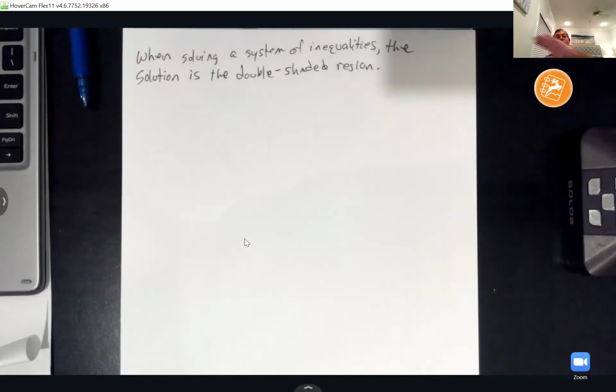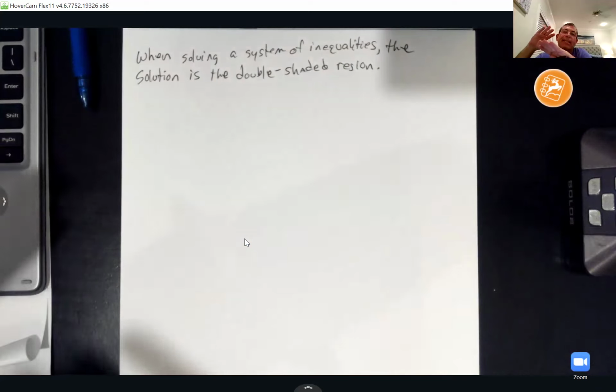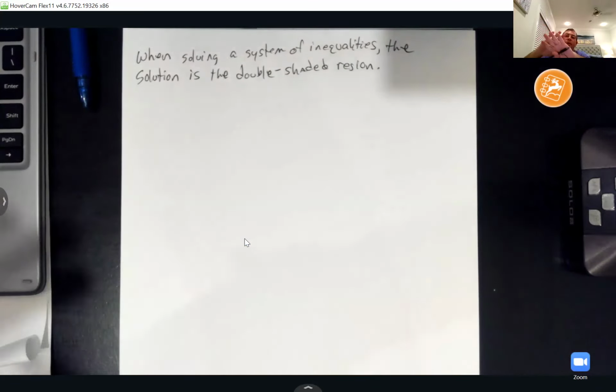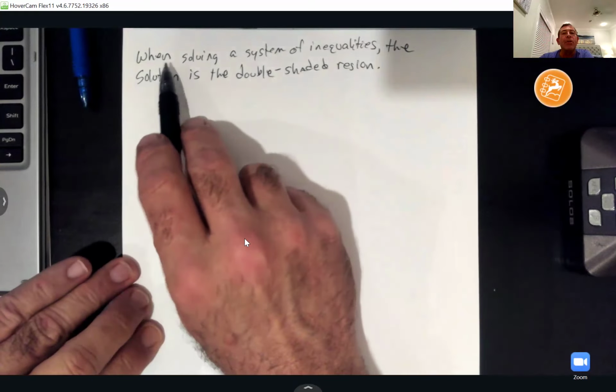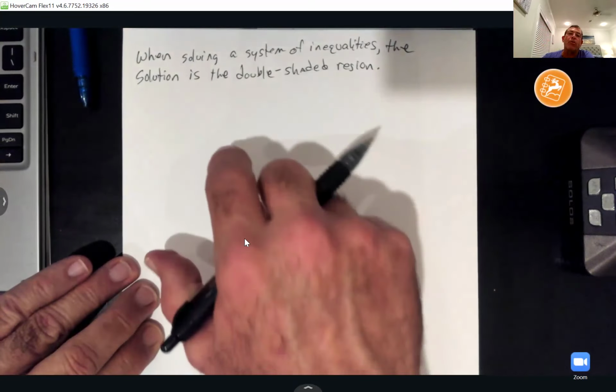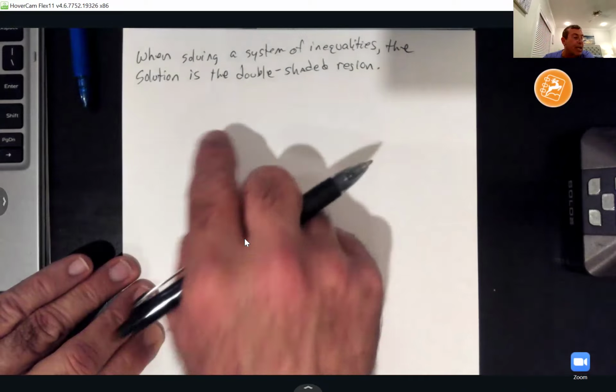And what I mean by, I'm going to shade one of the lines first, then I'll come in and shade the second line where they overlap and they're double shaded. That is the answer you would pick on MATLAB, okay? So that's how you solve a system of inequalities. You graph them and you look for the double shaded region.